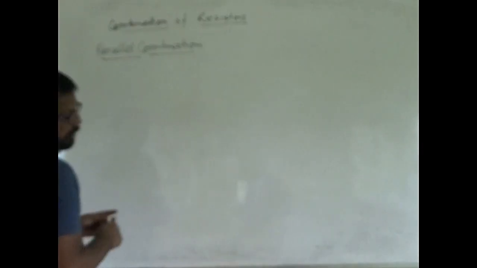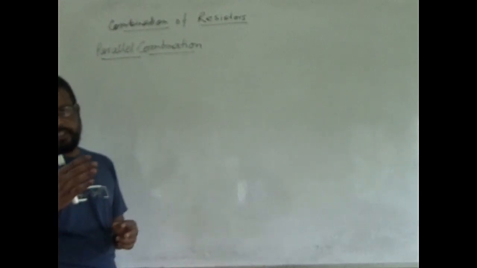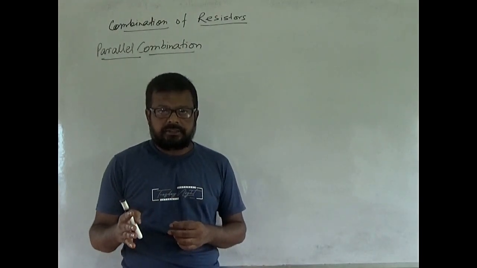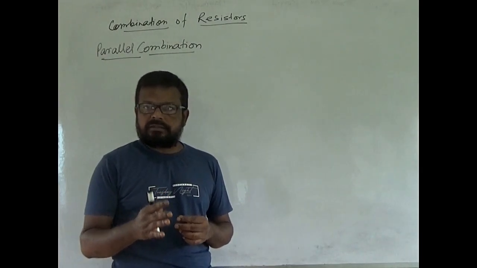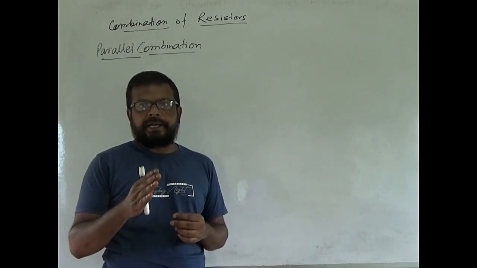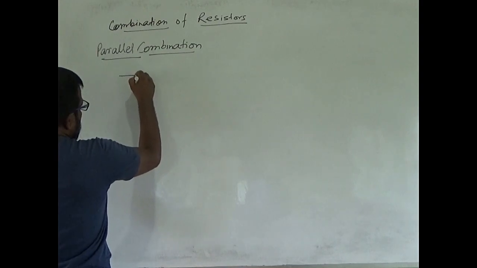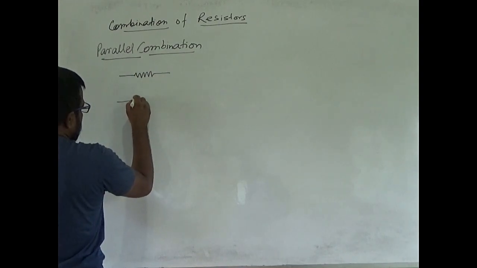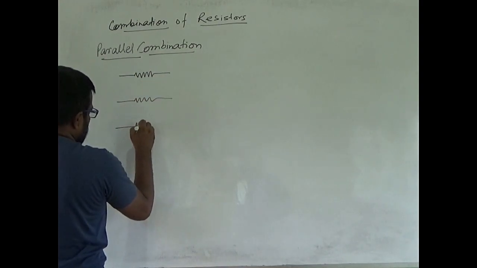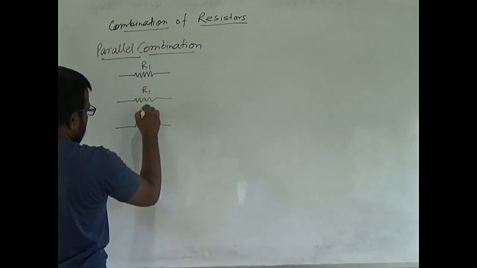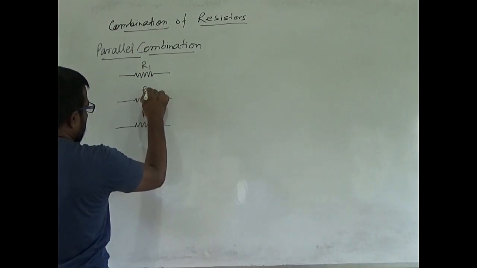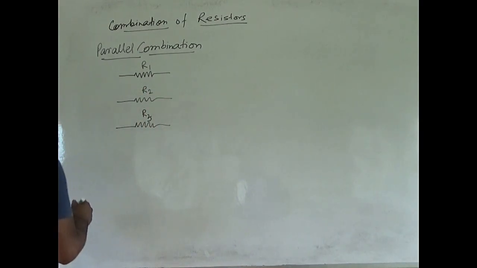Now let us consider three resistors of resistances R1, R2 and R3 connected in parallel. Then the connection will be like this. We take three resistors of resistances R1, R2 and R3.